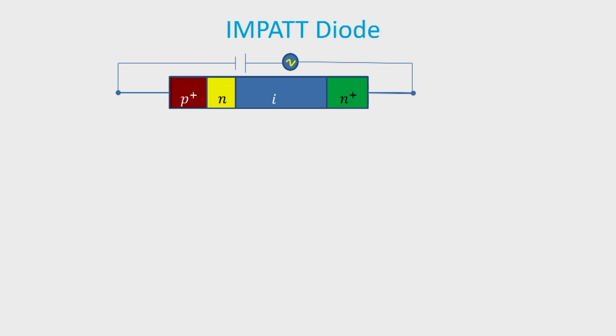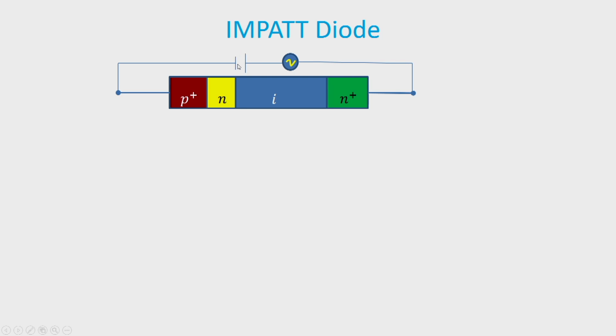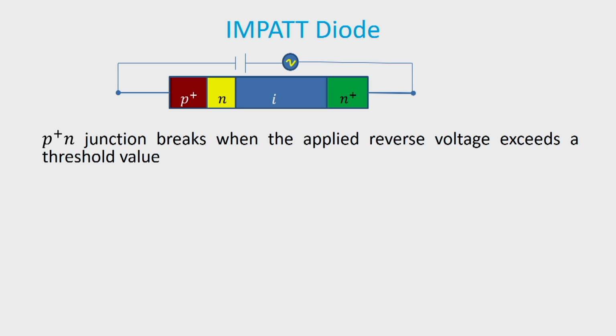Now, here we consider an IMPATT diode where we have an AC signal present along with the applied DC bias. This total voltage, AC plus DC, will appear across the device, and let it be biased in such a way that the P plus N junction breaks when the applied reverse voltage exceeds some threshold value.